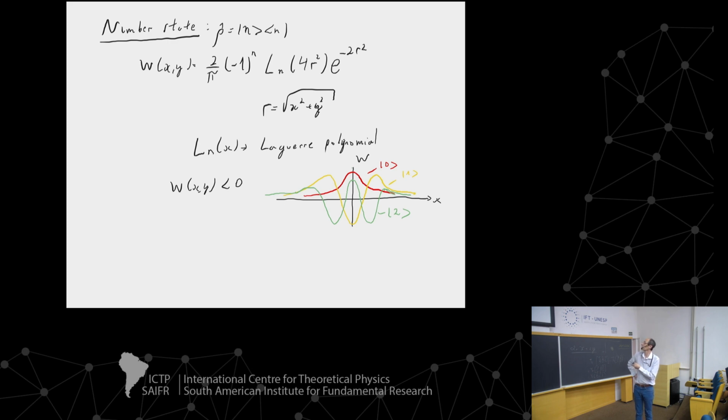But here you can see clearly the signature: for the ground state, that's classical, but this is quantum, and you have a negative. Here you have a negative function as well, with a positive center, and all these functions are symmetric for a rotation around the position x and y equal to 0.